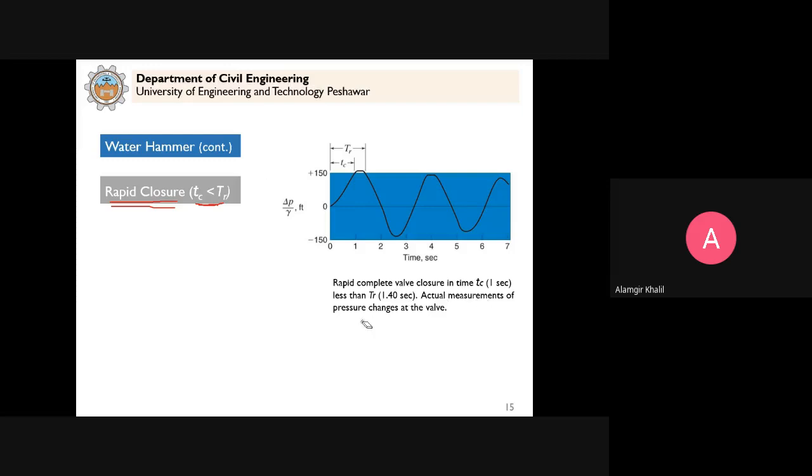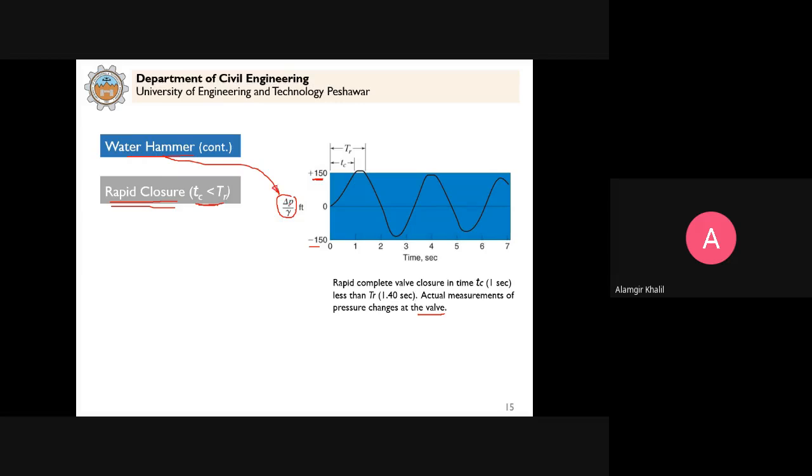These are actual measurements of pressure changes at the valve, point N that we just saw. So you can see the values written here, plus 150, minus 150, and this is the time in seconds. And this is the increase in pressure due to water hammer. So this is now for the real case.